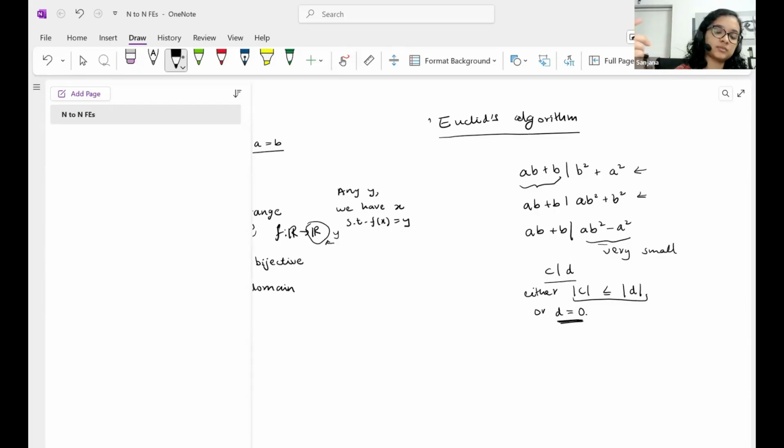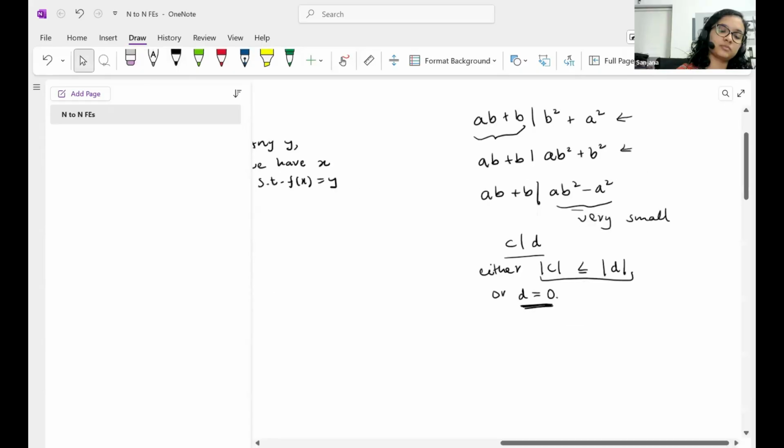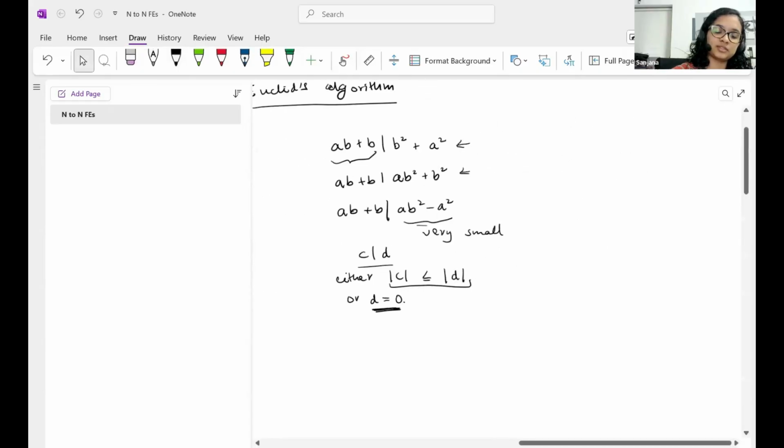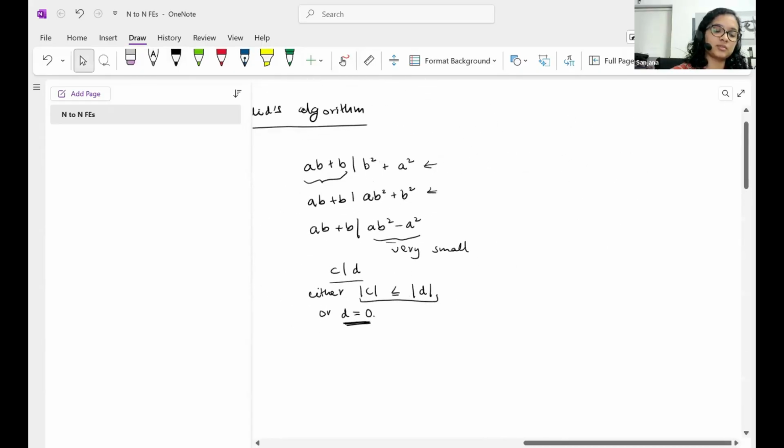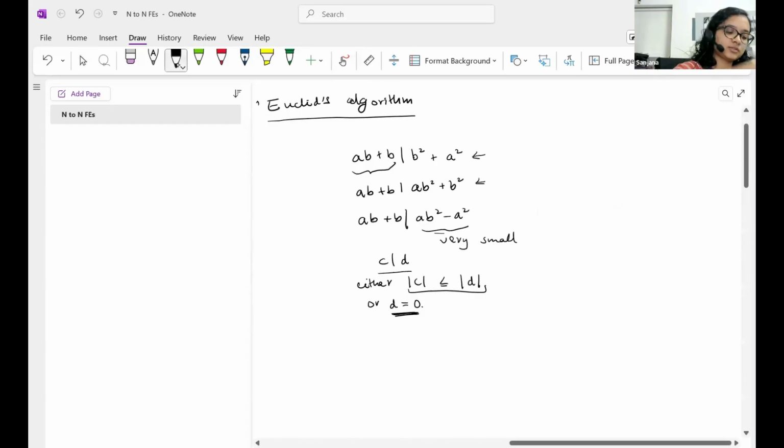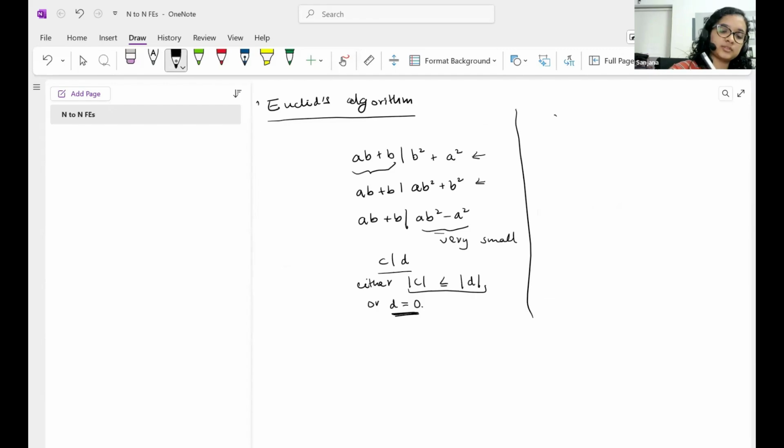So that is mostly what I wanted to do before going into the problems. Okay, first we'll do a small exercise, which is not exactly a functional equation, but it will be useful. So what I want you to prove is, suppose A and B are natural numbers and they're coprime, so their GCD is 1.